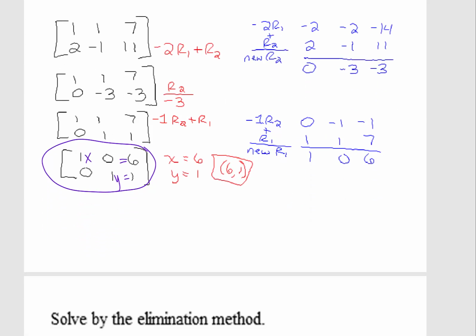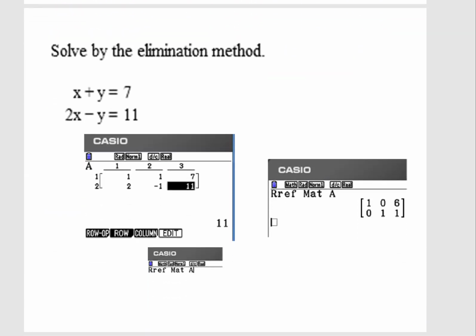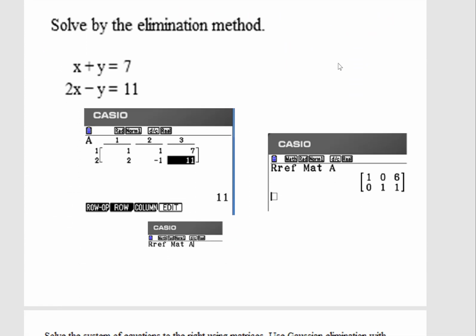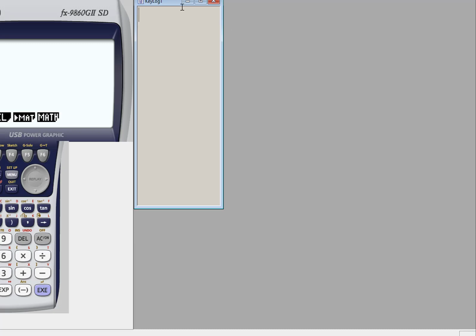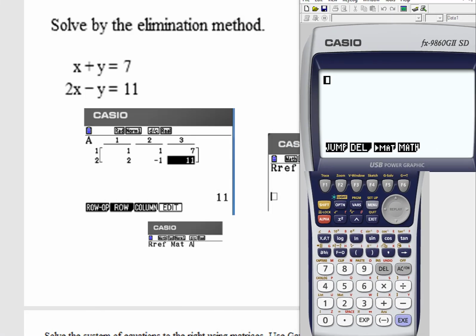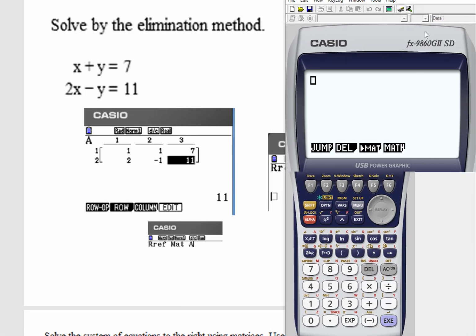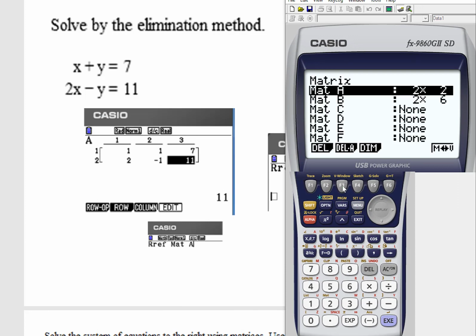So let's see how we do this in the calculator. Let's go ahead and get our matrix out. So F3 for matrix, I need a 2 by 3. So we're only going to use one matrix.